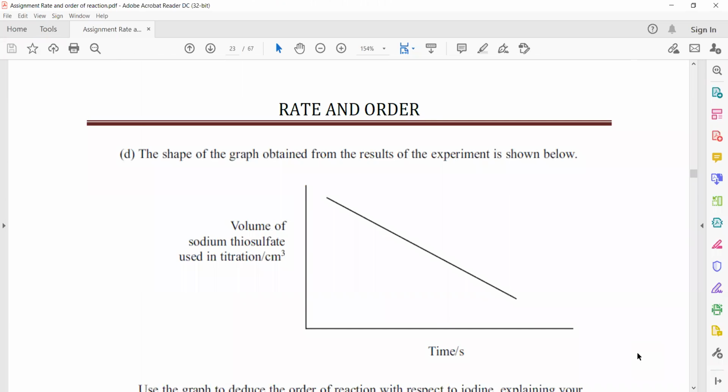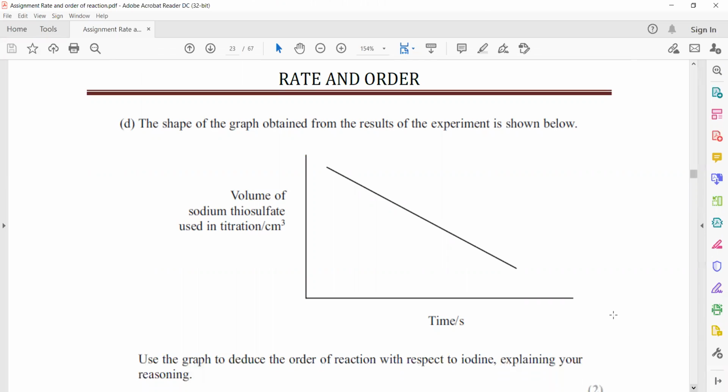Then the shape of the graph obtained from the result of the experiment is shown below. Volume of thiosulfate: sodium thiosulfate is reacting with iodine.